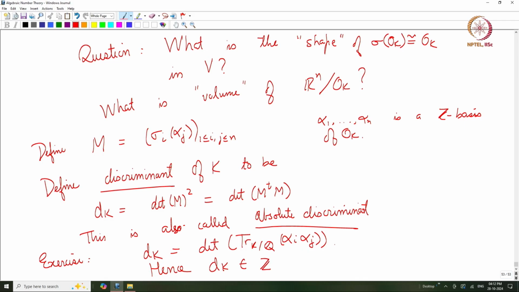So, what we did today is we finished the proof of the fact that OK is discrete in Q to the n. Then we wanted to ask how this discrete lattice sits inside Q to the n, but we saw that this is not a well defined question, because we had to fix a basis to get this lattice inside Q to the n.